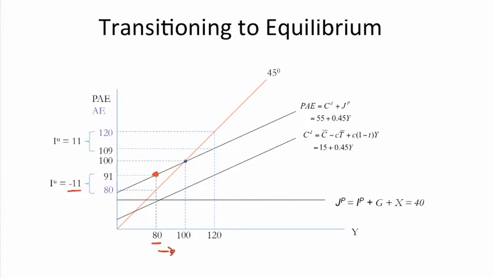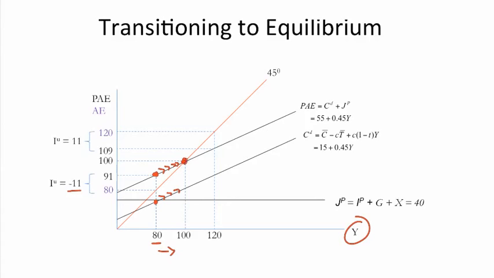And now it's the opposite of the previous slide. As firms increase production, income in the economy increases. As income in the economy increases, households increase their consumption, and we show that by a movement up and along the consumption function. Consumption's an important part of planned aggregate expenditure, so we also record a movement up and along the planned aggregate expenditure line.